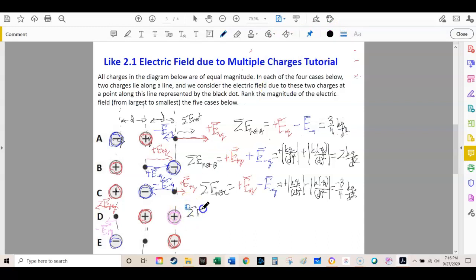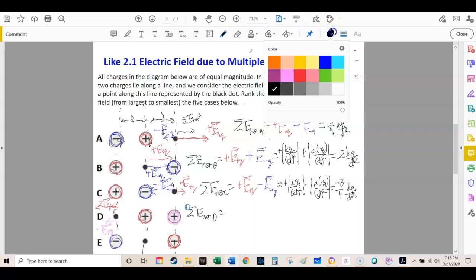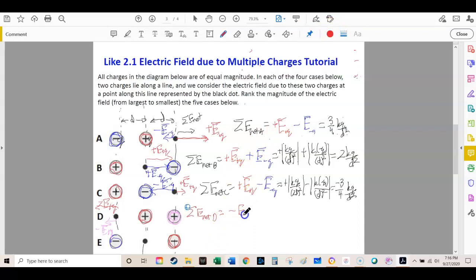Now let's sum our electric field at D, and what we will get is a left-pointed electric field due to that positive red Q charge.